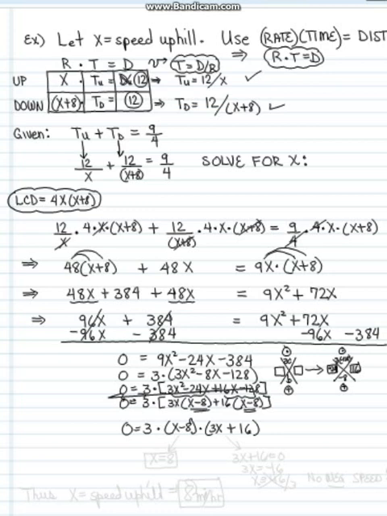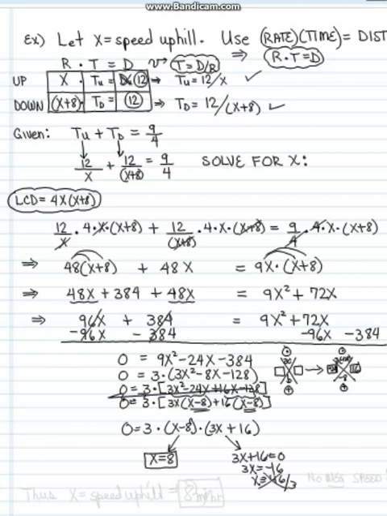Now, set each of these factors equal to 0. This one gives you nonsense, 3 equals 0, but setting these two equal to 0, you get x equals 8 here, and over here you'll get 3x plus 16 equals 0, which is 3x equals negative 16, which is x equals negative 16 thirds.